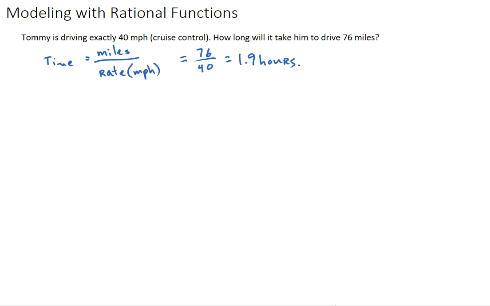So that's how we're going to use that configuration in the example we're about to do. To figure out how long it takes you to get somewhere, you take the number of miles divided by the rate. If that's hard for you to remember, you could always make the numbers easier to work with, just to sort it out in your head. So if you made this an 80, then if you're driving 40 miles an hour, how long would it take you to drive 80 miles?